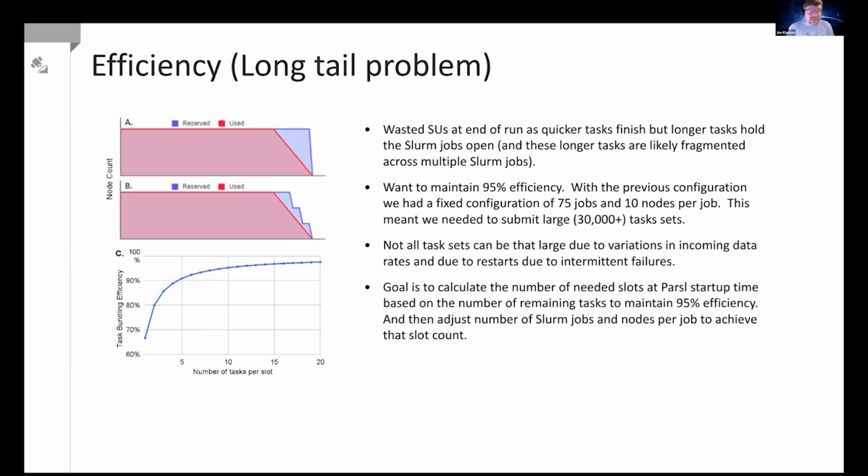The way around this is to have a lot of tasks per execution slot. Some modeling that I didn't do, but just took the results of, showed that if we have at least 10 tasks per slot, we can maintain about 95% efficiency.